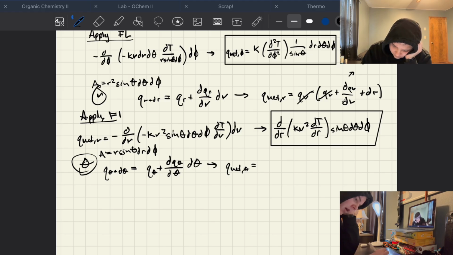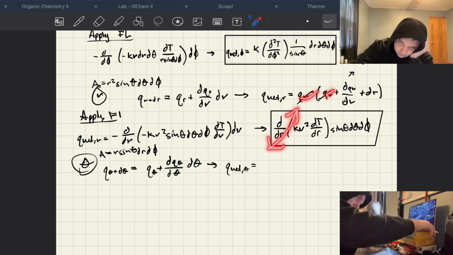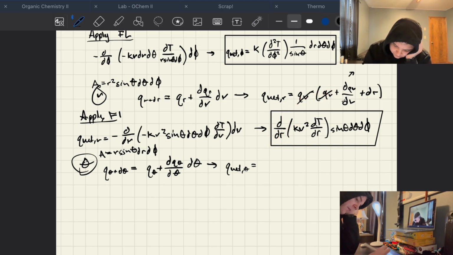I'm not going to write out the rest again. They'll cancel out similarly as they have in the last two. So we'll get negative dq theta over d theta.